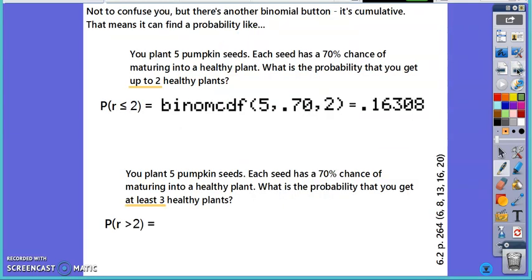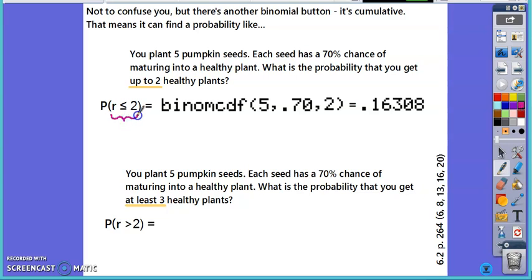In the same menu that you just went to, that second vars, under the binomial PDF, you probably saw binomial CDF, and that is called a cumulative distribution, and that's because it does accumulations. For example, what if I were asking you to find the probability of up to 2 healthy plants?